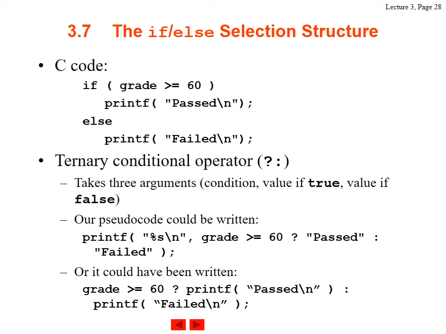Then there's the ternary conditional operator, this question mark, right? So printf %s, grade greater than or equal to 60, passed or failed. Okay, so what is happening here? It's saying, is this condition true?